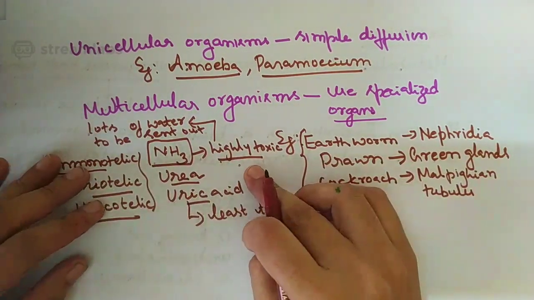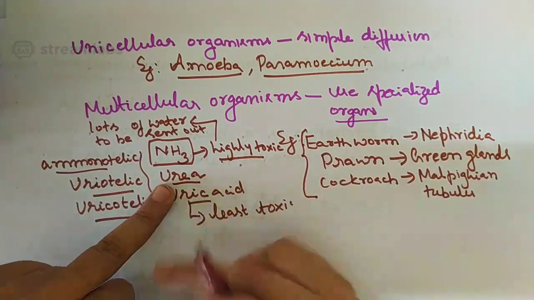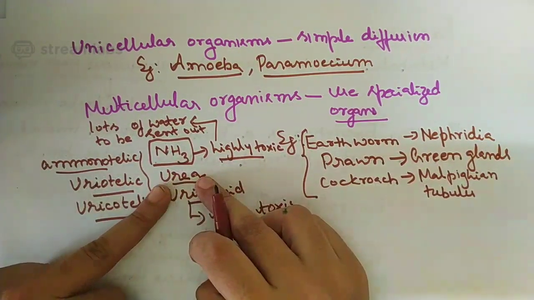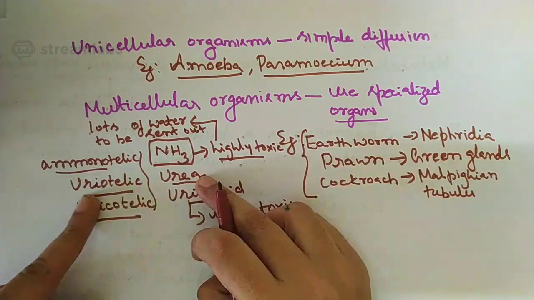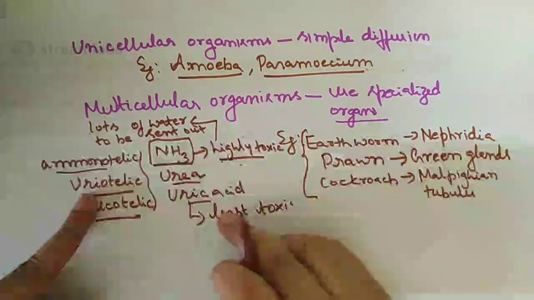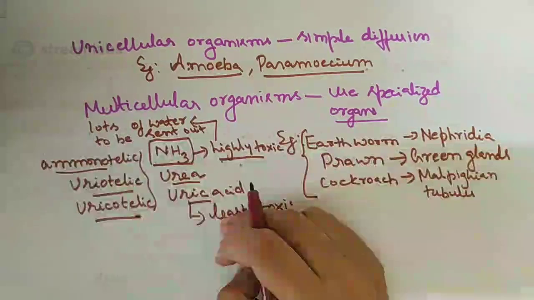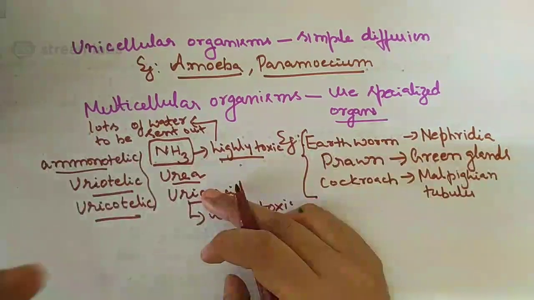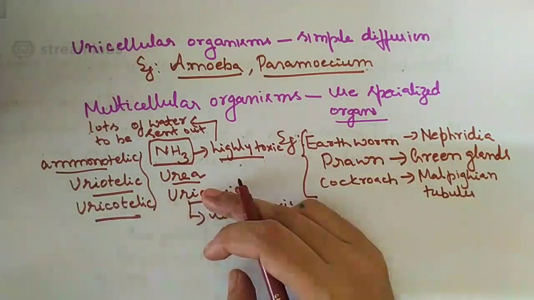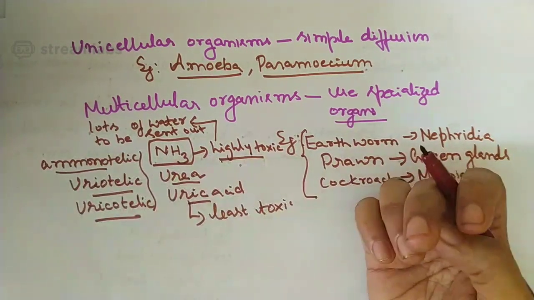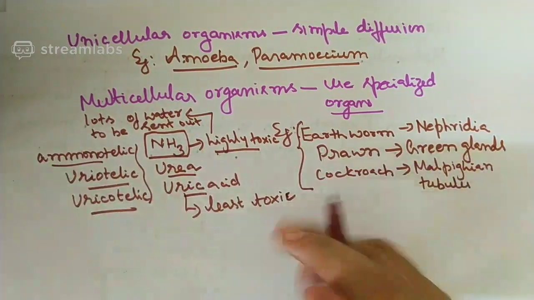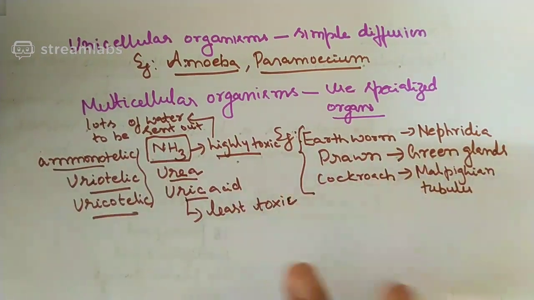In humans it is urea, so we are ureotelic organisms. In birds and insects, the nitrogenous waste excreted is uric acid, which is least toxic and requires very little water to be sent out.